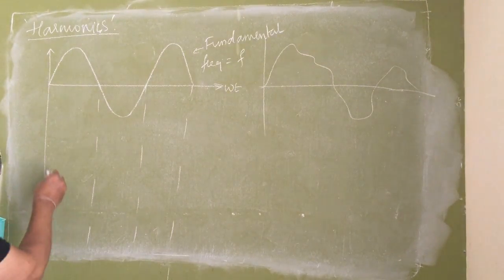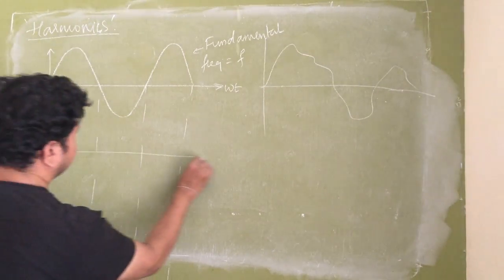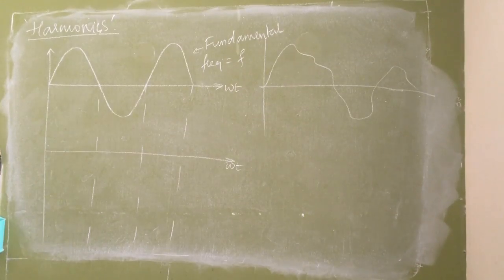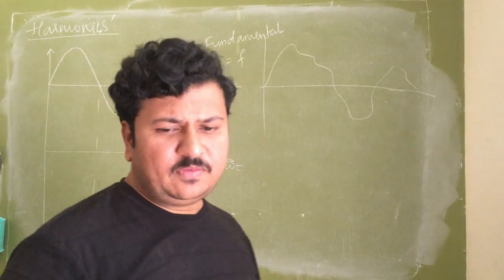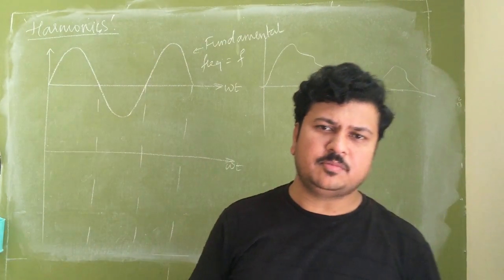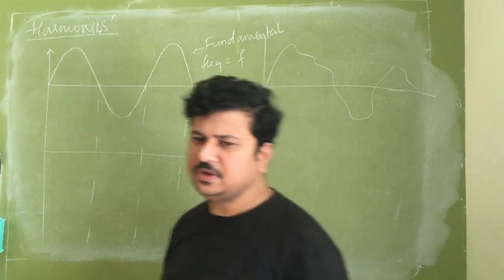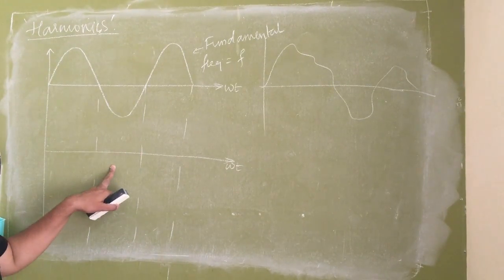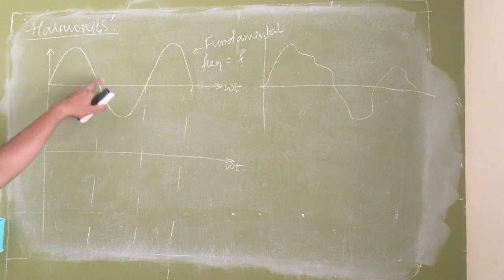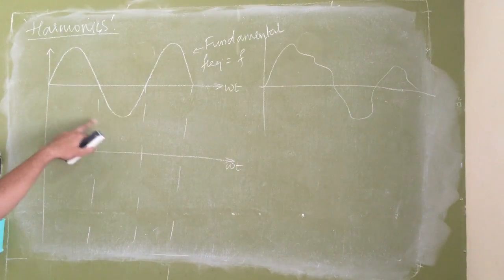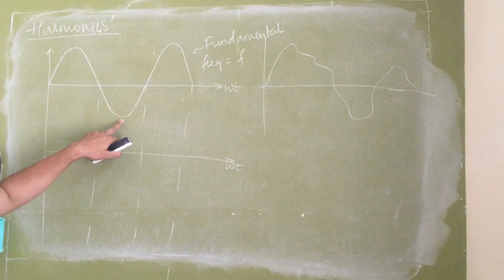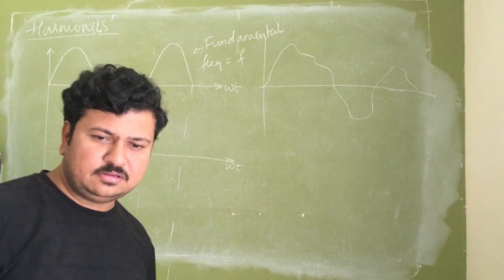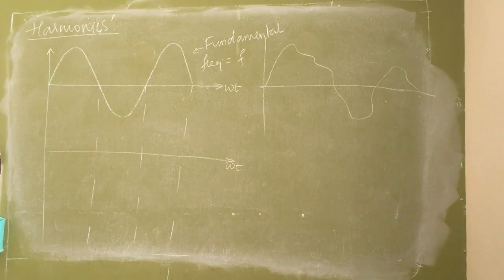Now, the 3rd order harmonic. 3rd order harmonic means what? In one cycle of the fundamental, I will get 3 cycles of the harmonic component. That's it. Frequency will be 3 times. If one cycle is in 1 second, then in 1 second I get 3 cycles, so 3 cycles per second is my frequency, 3 times the frequency.